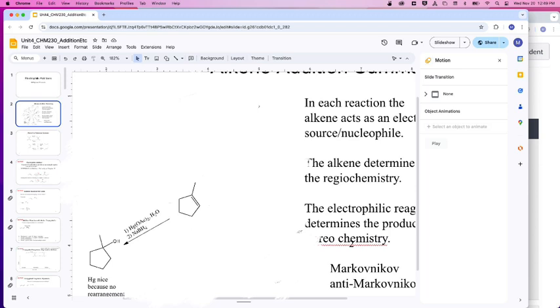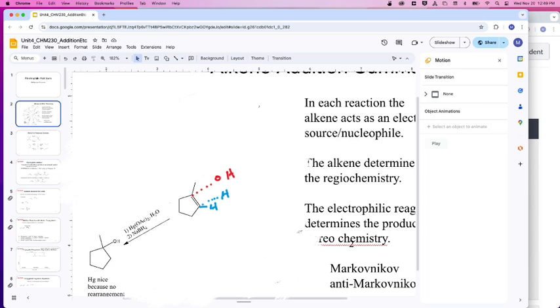So if you know this reaction adds H and OH, the hydrogen must go to the position that already has a hydrogen. The OH must go to the other spot. So there's layers of information that you have to go through and memorize. It's not just the raw, simple fact at the beginning. You also have to process a bit deeper.